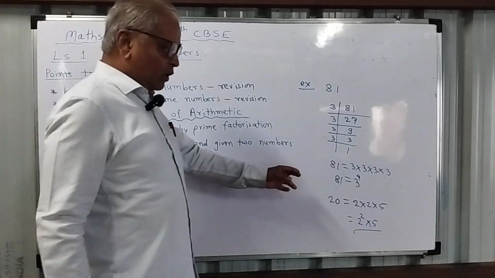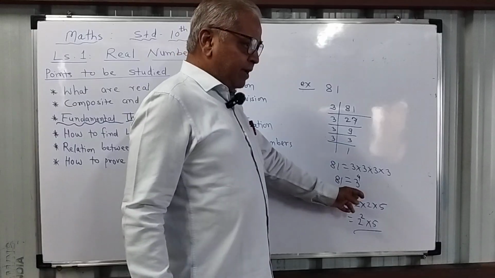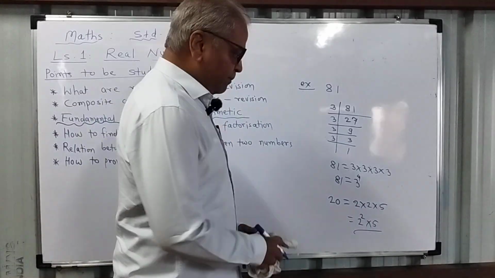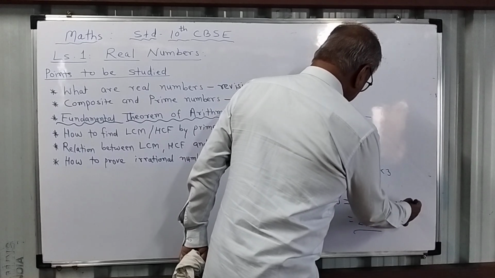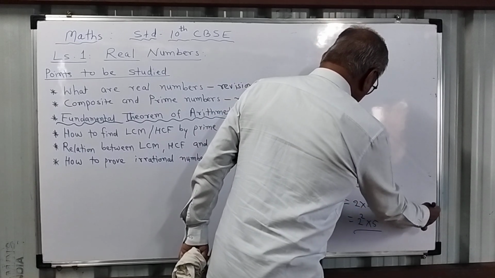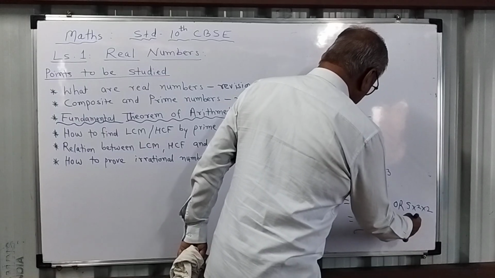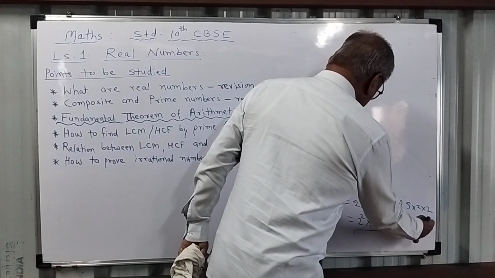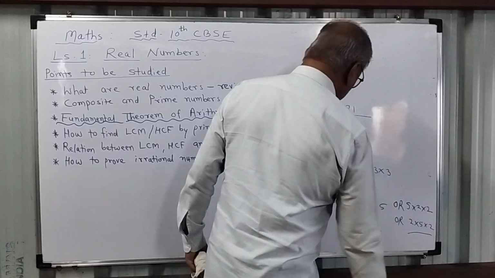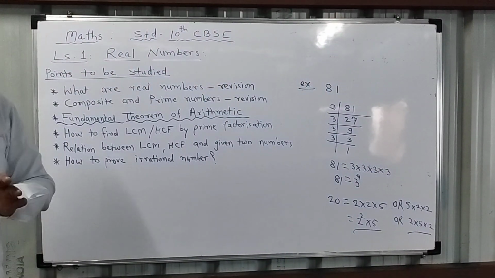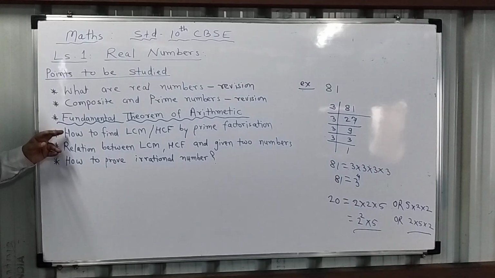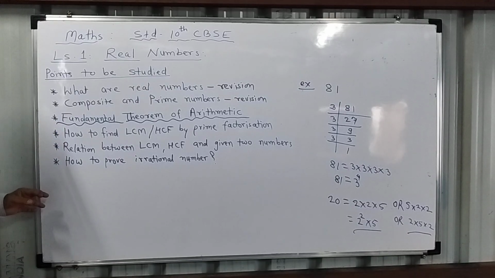These factors can be rearranged, so order is not important. You can write 5 into 2 into 2, or 2 into 5 into 2. Order is not important, but those factors are unique. So that is the fundamental theorem of arithmetic.